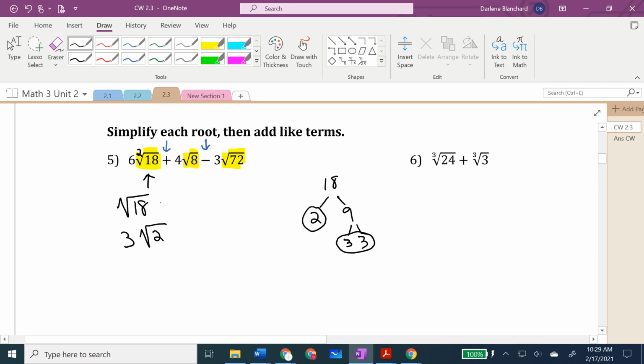And the step I didn't write here was that the square root of 18 is the square root of 9 times 2. I am allowed to split multiplication under a root. And then the square root of 9 is 3, and root 2 is root 2.